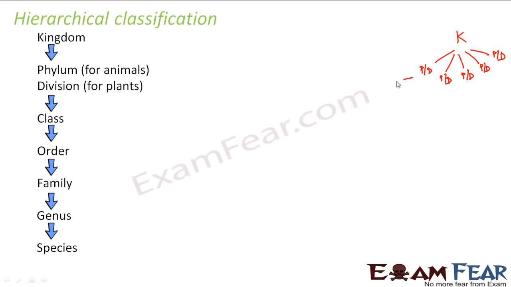Now each phylum or division will have many classes. Again, each class will have many orders. Each order will have many families. Again, each family will have many genus. So you are seeing how it is.